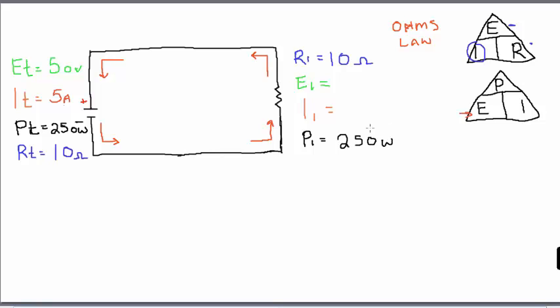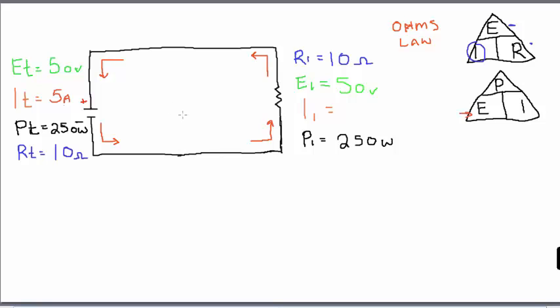250 watts. Now I want to know what my voltage is, and like I said earlier, Kirchhoff's law states that the voltage around a series circuit must equal the voltage applied. Since we only have one resistor, my voltage at that one resistor must equal my applied voltage, which is 50 volts.